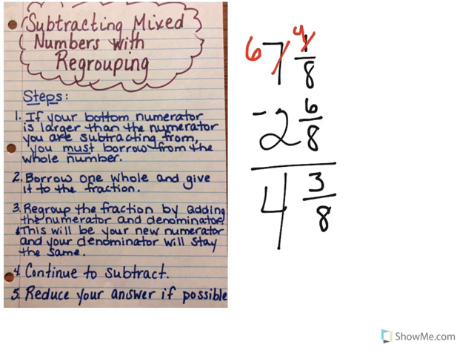And the second question is, I want to reduce my answer if possible. But when I look at the 3/8, the greatest common factor would be 1, because 3 only has 1 and 3, and 8 has 1, 2, and 4. The only factor they share in common is 1, therefore I'm done, and my answer is 4 and 3/8.